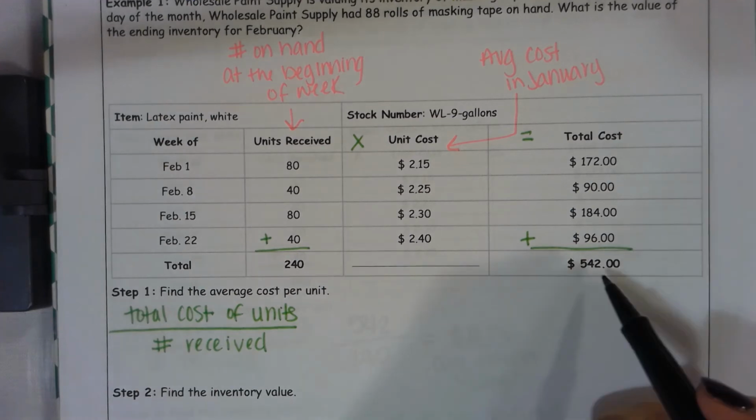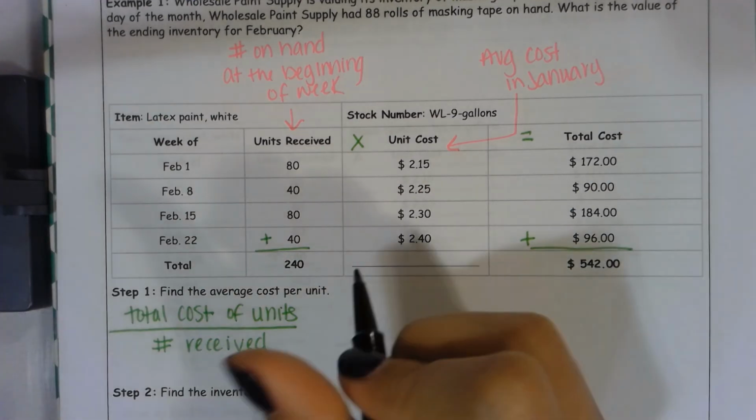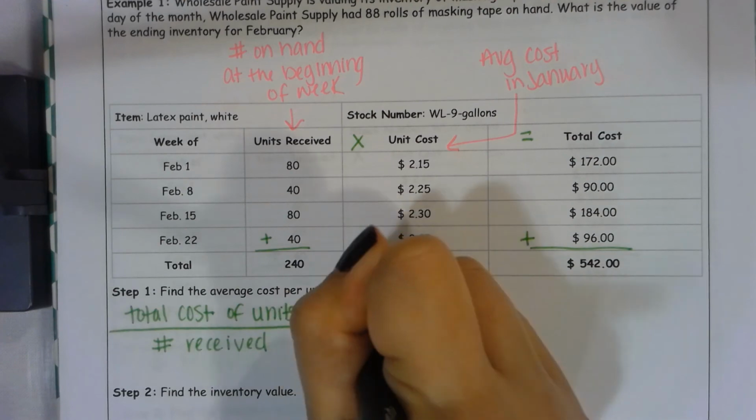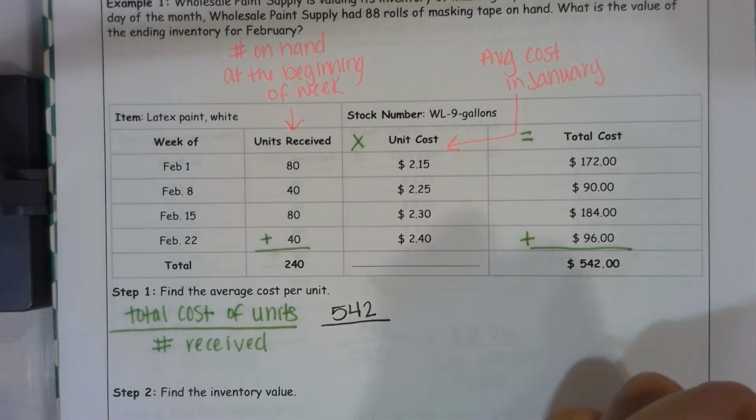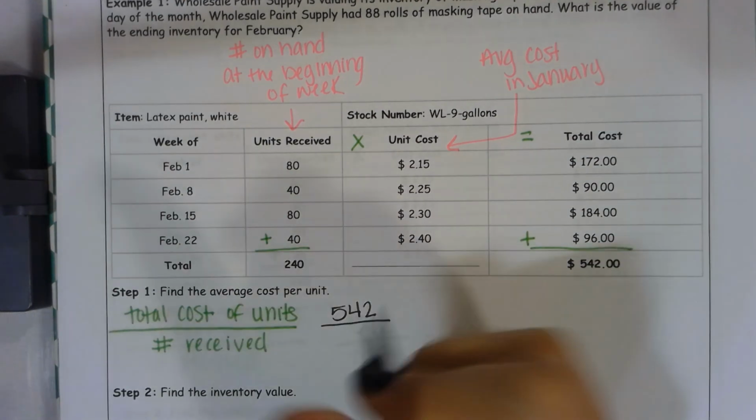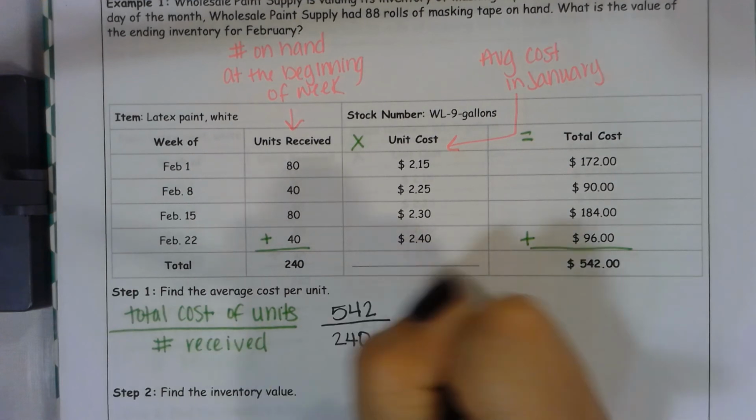So the total cost of their units is going to be that 542, and their units received is going to be that 240.